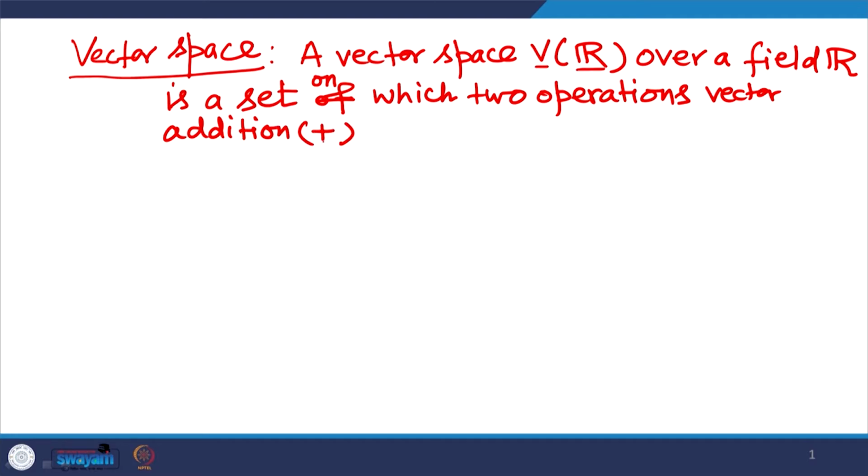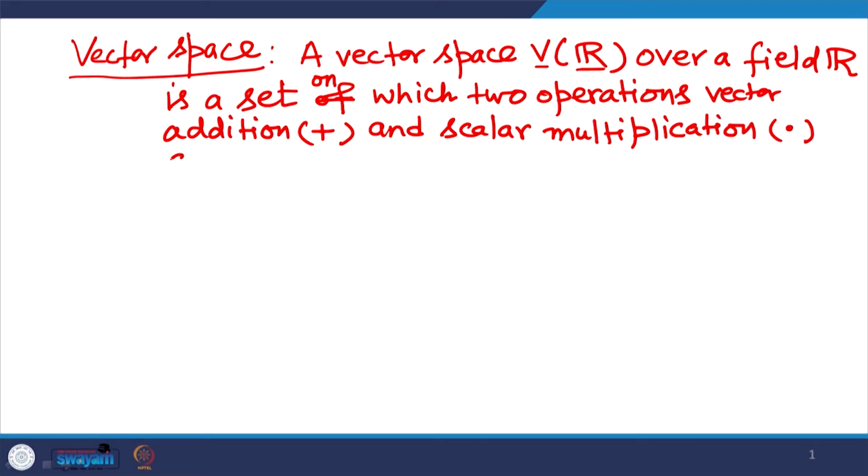So, this plus is defining the vector addition, and scalar multiplication, let us denote it by dot, are defined.